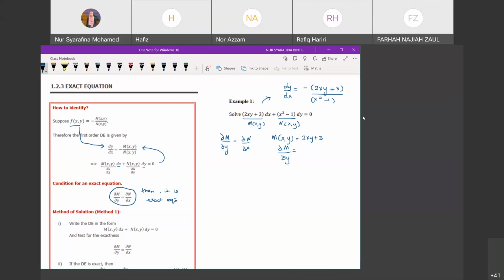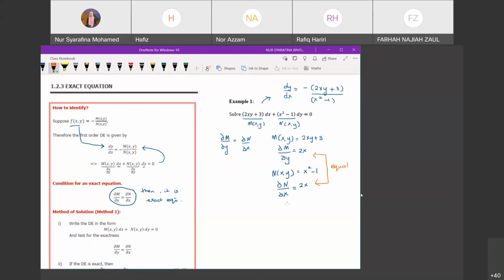X. Okay, so you have 2x. And your N, where N is a function of x and y, is x squared minus 1. Then differentiate N with respect to x equals also 2x. Then we can say that del M del y and del N del x here are equal.